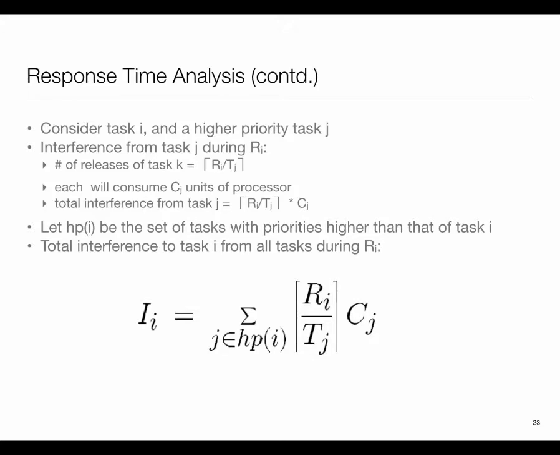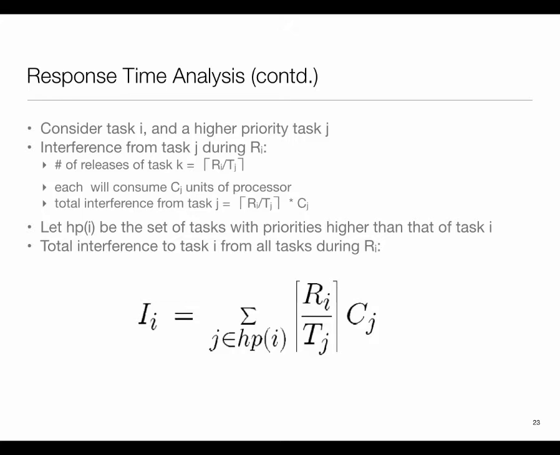Well, let's consider some task j, which is a higher priority task, and let's see what interference it will present to us. Remember, we assume that the response time of the ith task is R sub i. During that R sub i, there would be ceiling of Ri over Tj jobs of the jth task arriving.